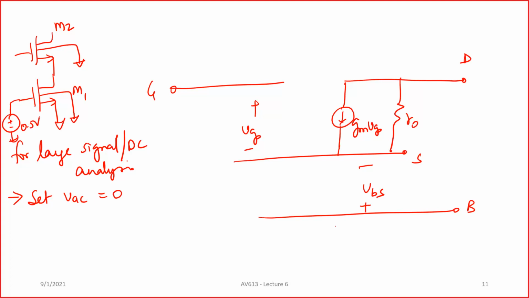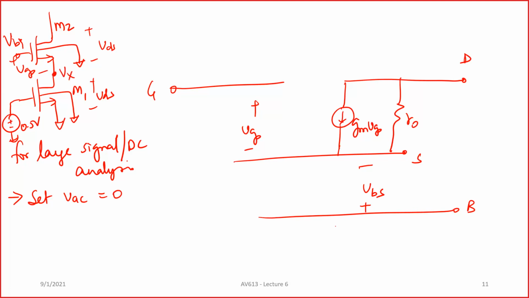Let's say this is connected to some load, and this has a certain VDS and a certain VGS. This is connected to some VB1. Now what happens? Let's say this potential is at Vx.